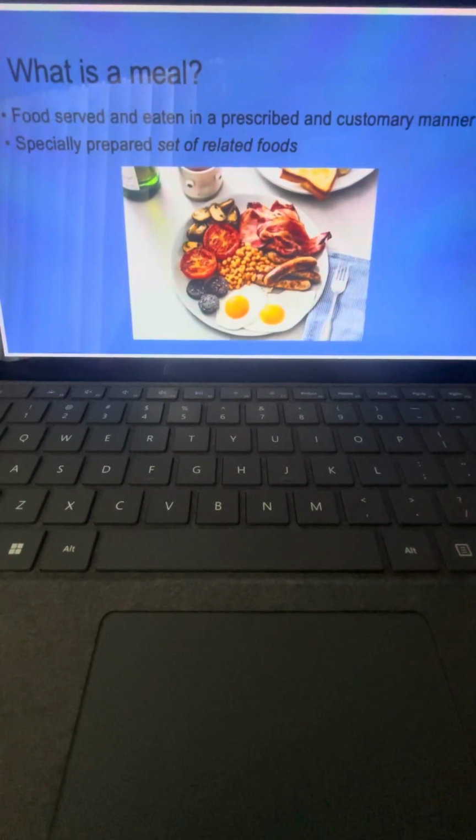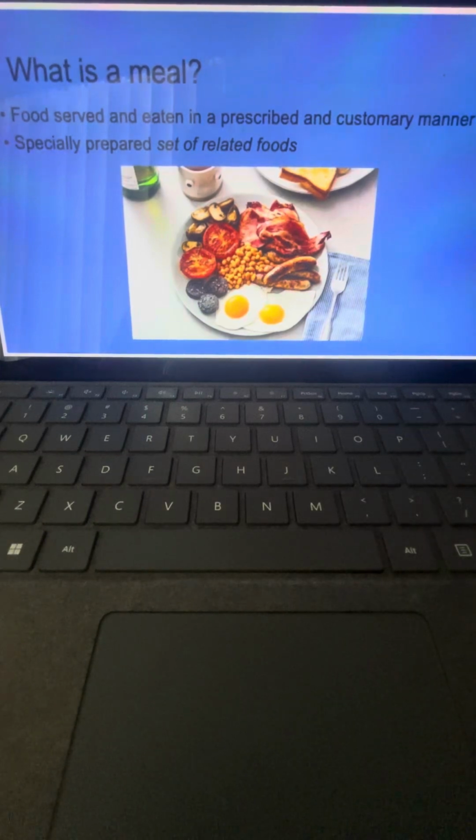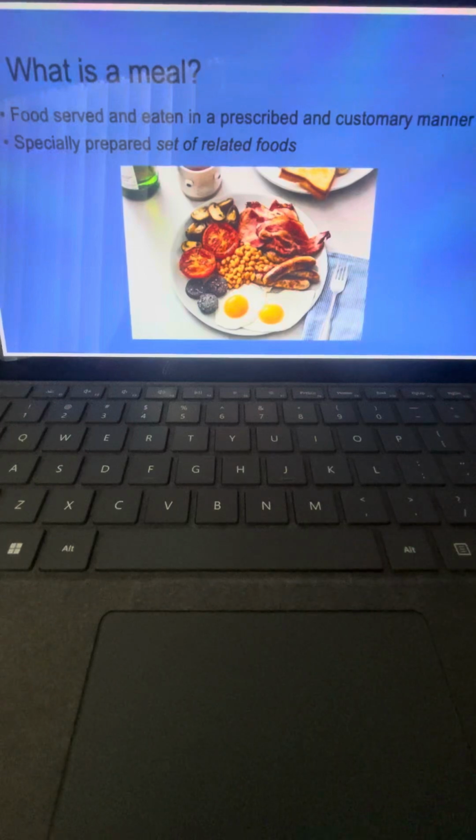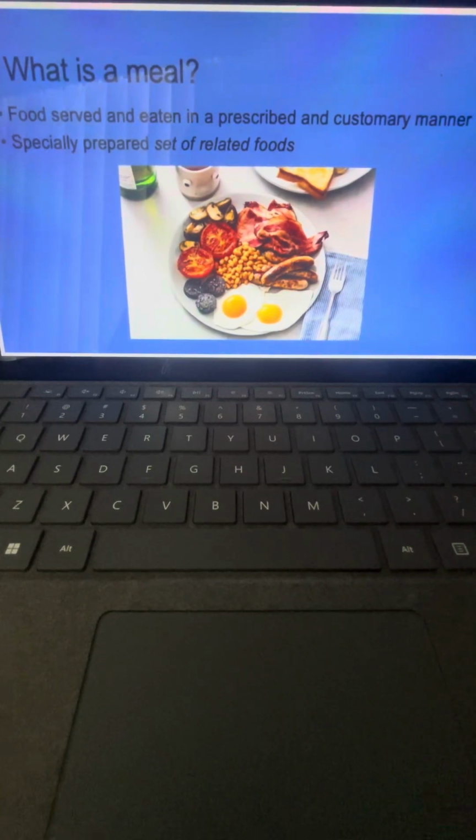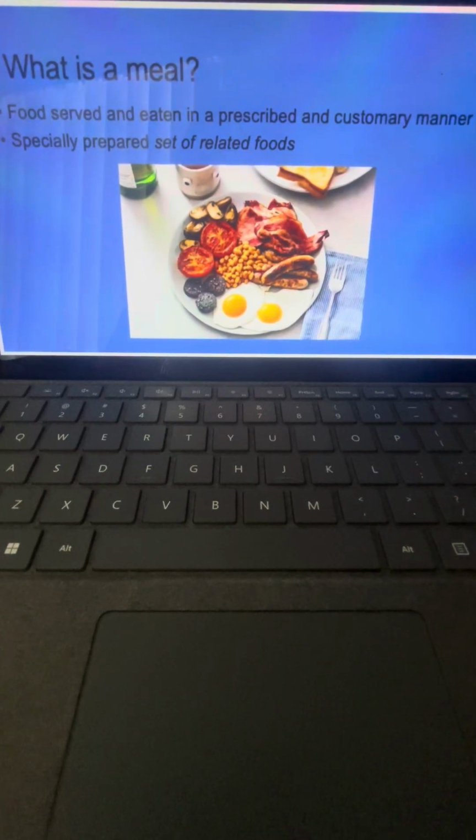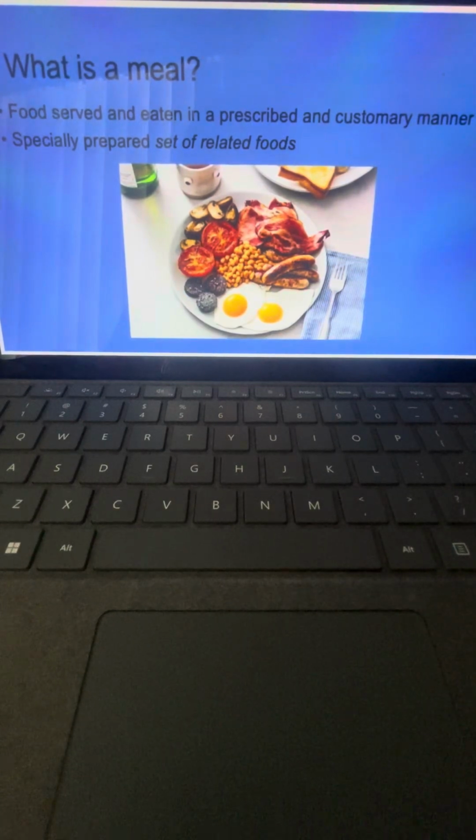And then what do we mean by meal? So a meal is not just a food or something we eat. It is food served and eaten in a prescribed and customary manner, and it usually is a set of related foods that go together to form a meal, right?